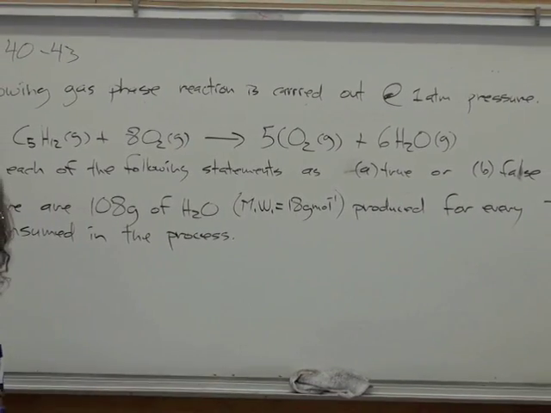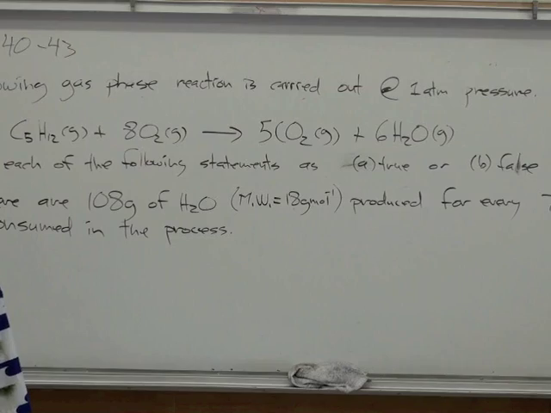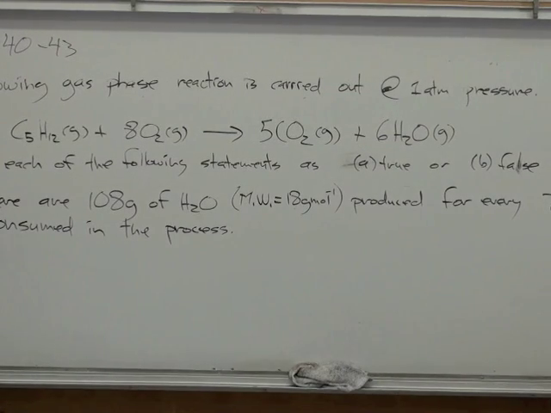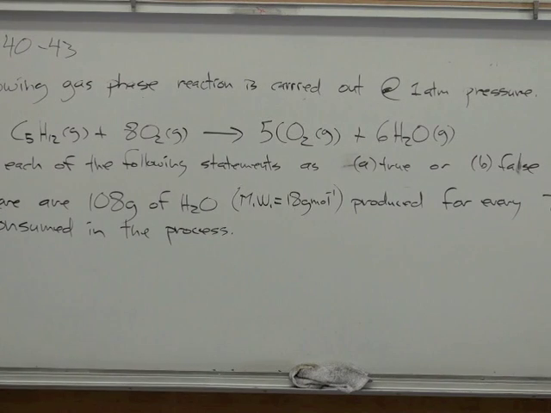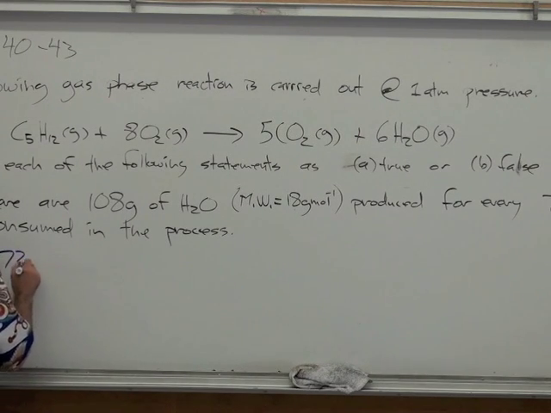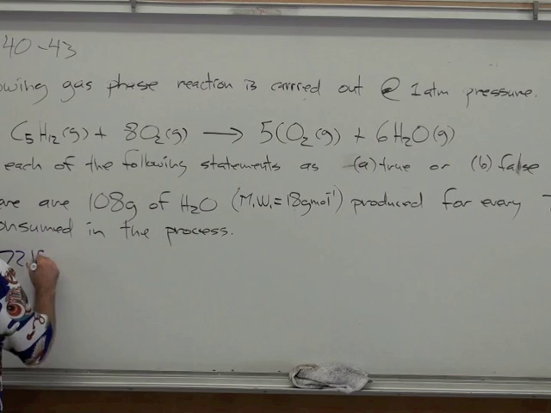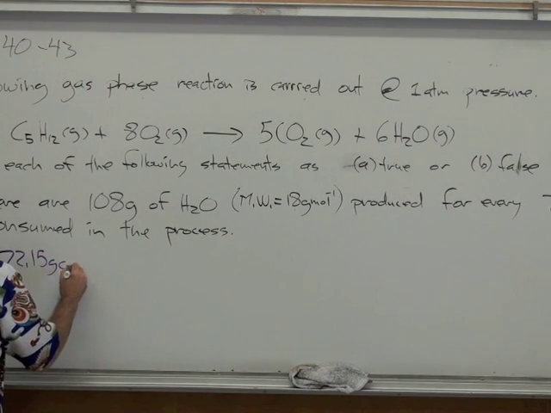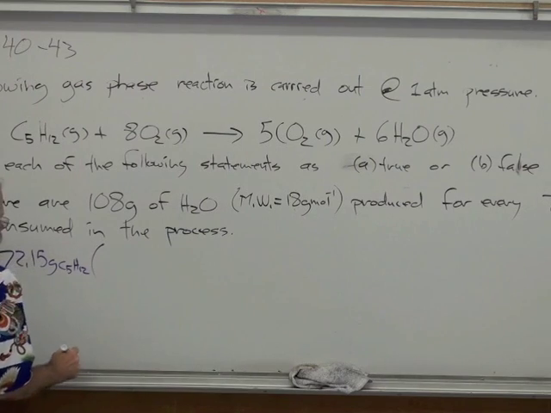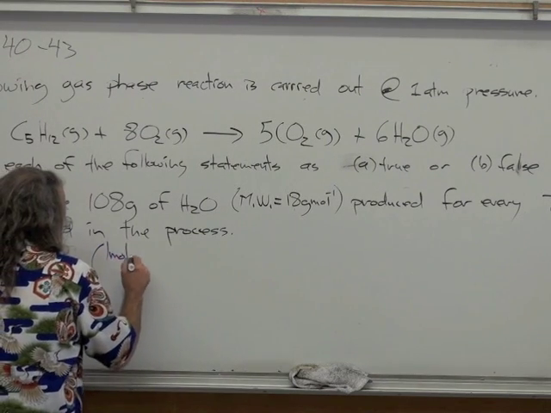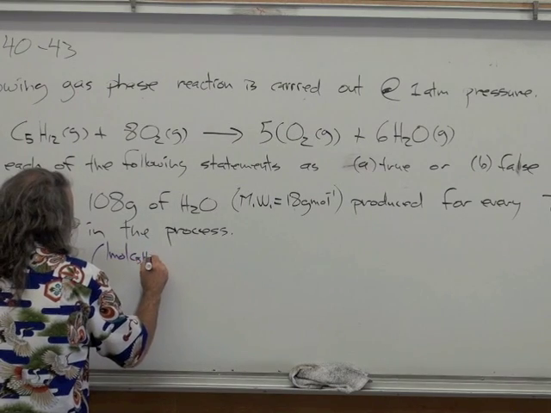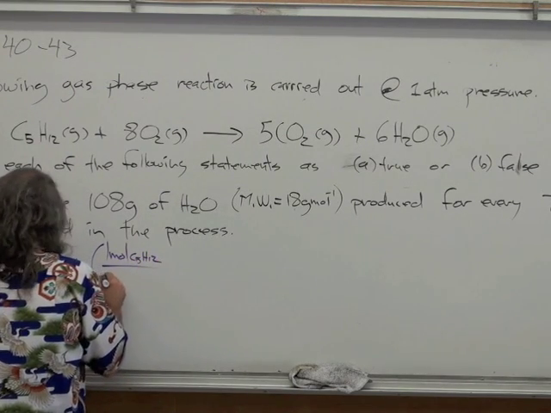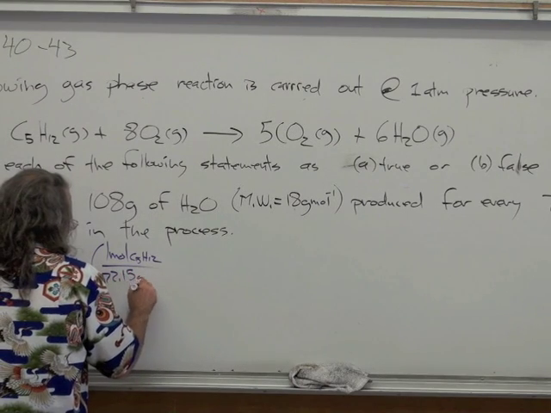So again, this is a straight up dimensional analysis problem given the balanced equation. So what do I want to start with on the left-hand side to figure this out on my scratch paper? Yeah, let's start with the grams of pentane. 72.15 grams of pentane. And there is 1 mole of pentane for every 72.15 grams of pentane.